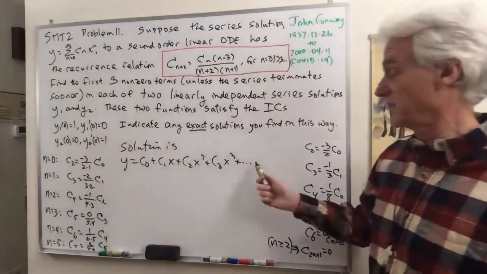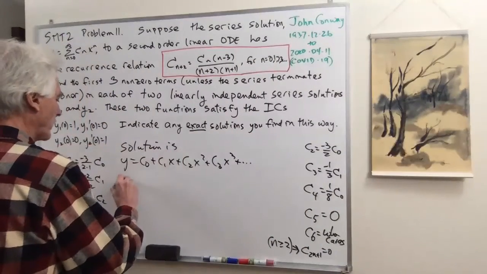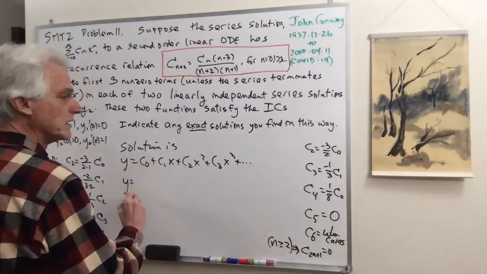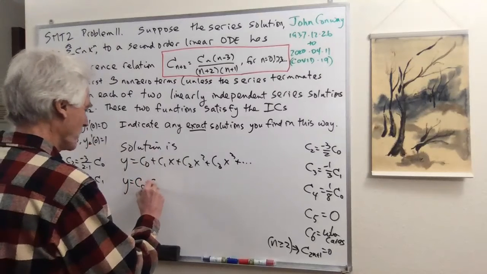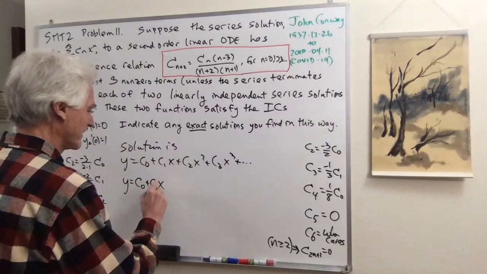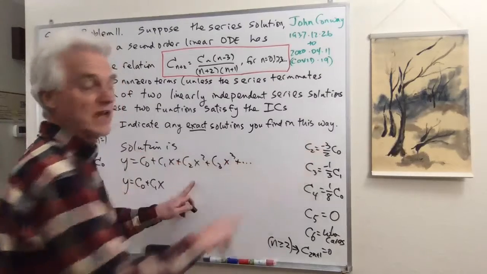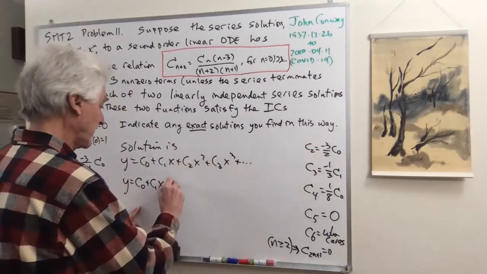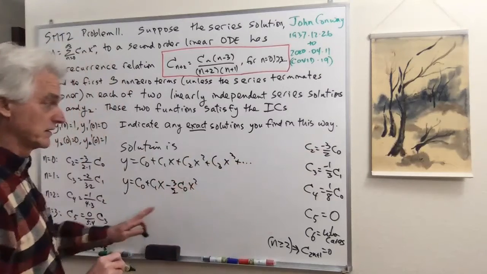And this might speak to you a little better. Okay, so let's now plug in what we got for C0 and C1. C0 is just C0. C1 is just C1. But C2 is now negative 3/2 C0. So it's negative 3/2 C0 x squared.